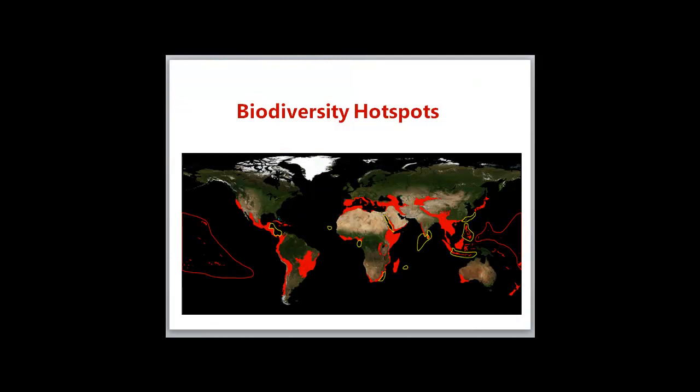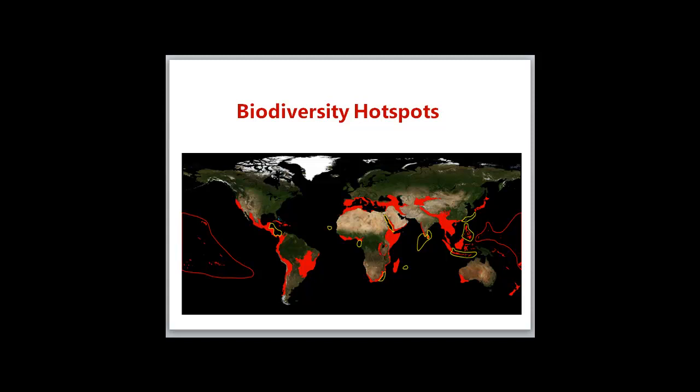Now, these species seem to be concentrated in certain areas on the Earth. So we call these biodiversity hotspots. The hotspots are places on our Earth in which the biodiversity is at its greatest, and these hotspots are designated by an organization called Conservation International as the most important places to protect on our planet because of their diversity in the species.